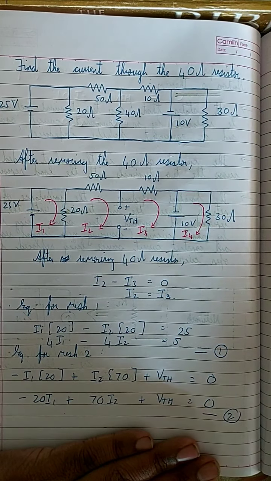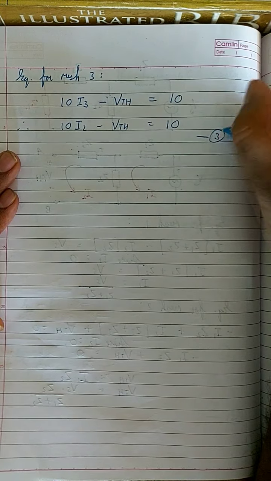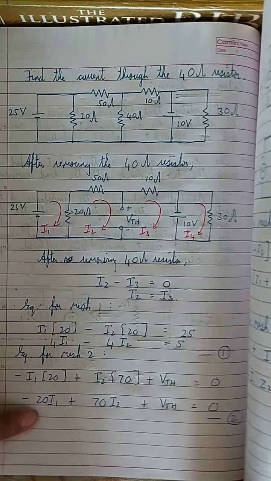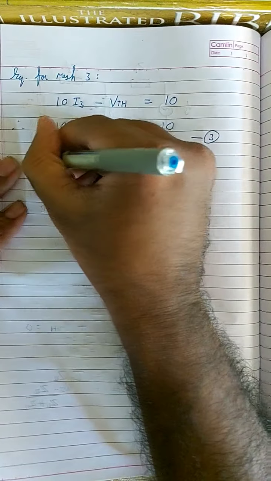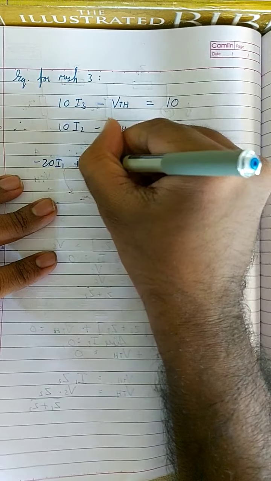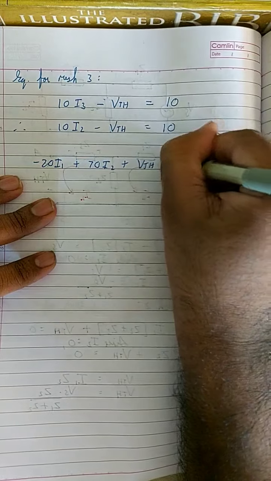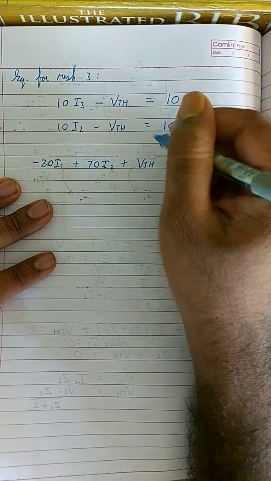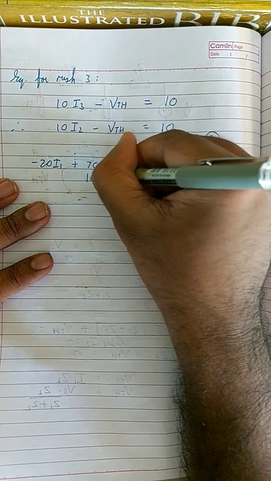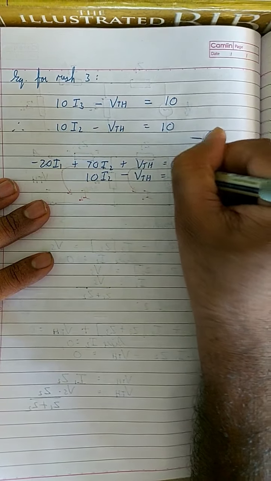Now from here onwards, you can solve any way you want. Okay, I'm going to simply solve using the old school method, simply by adding or subtracting equations, whatever I see fit. So here I have minus 20 I1 plus 70 I2 plus VTH is equal to 0, and then we have over here 10 I2 minus VTH is equal to 10.